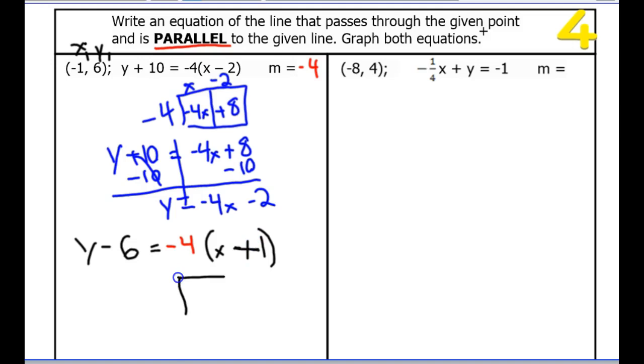And we can draw our box from this. So we get -4 times x plus 1. -4 times x is -4x. -4 times +1 is -4.